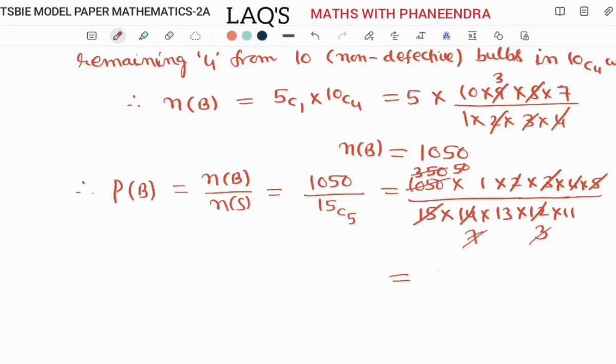So in the numerator 50, divided by, in the denominator 13 into 11, 143. So therefore P of B is equal to 50 by 143.